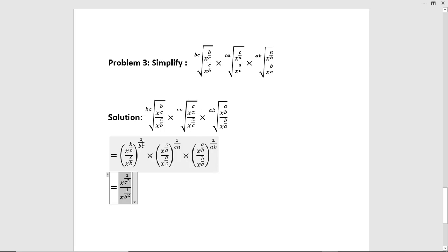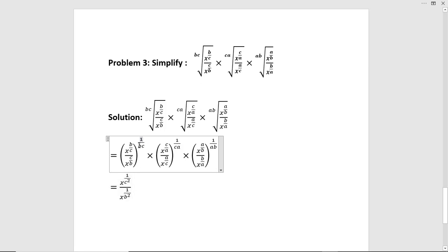So 1 by bc will be multiplied with the power of the numerator and also with the power of the denominator. Whenever we multiply b by c and 1 by bc, then b will be cancelled and we will get 1 by c squared, that is x to the power 1 by c squared.